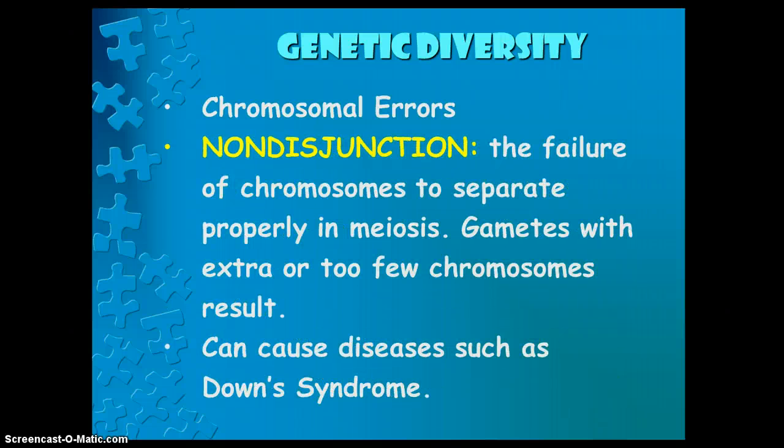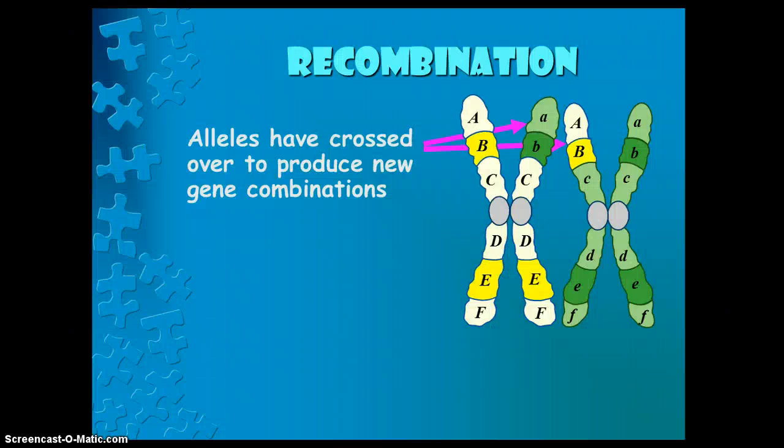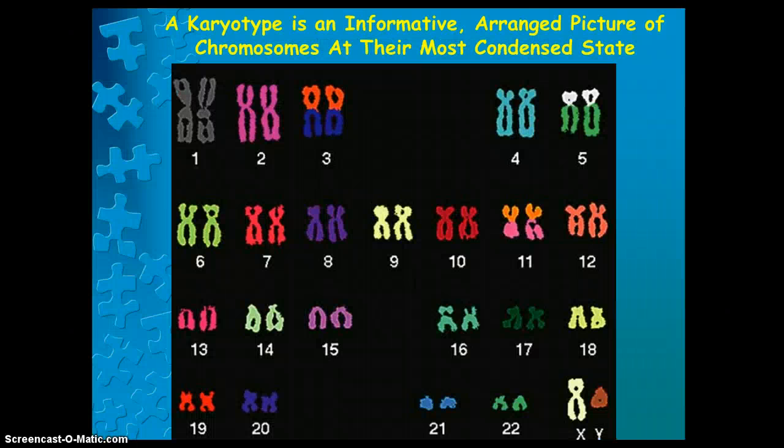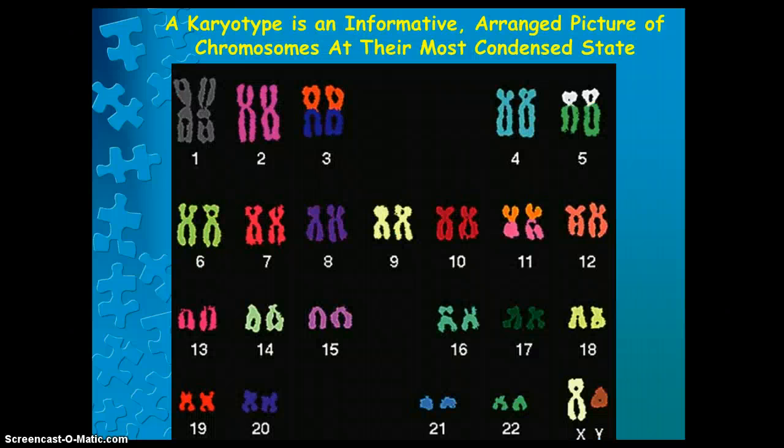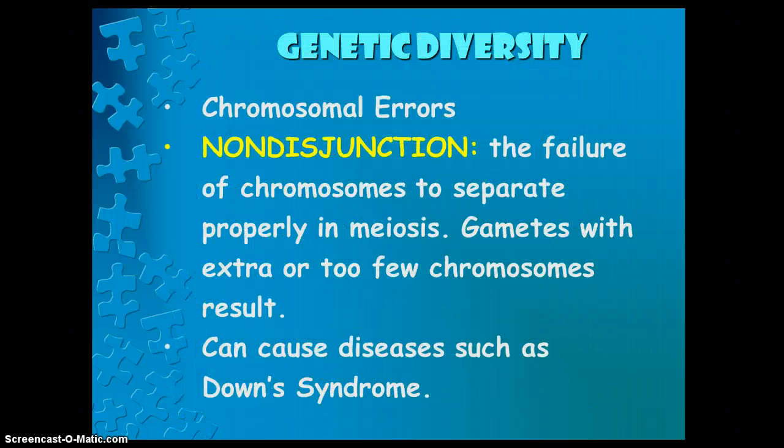So what happens is during meiosis, instead of getting, let's say, I'll go over here, instead of getting, we have 23 pairs of chromosomes here, something might happen and we get an extra chromosome here that should have been in another cell, and that other cell didn't get a chromosome, so they failed to separate like they should have.